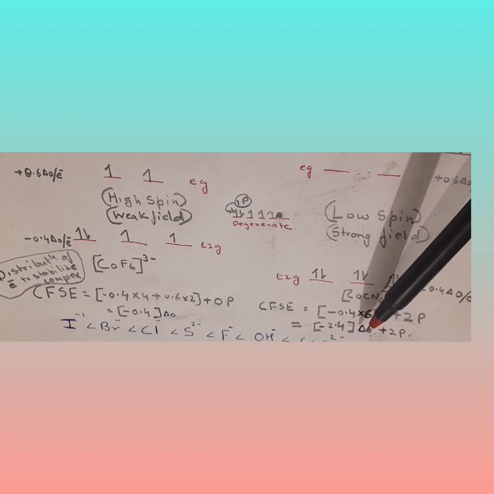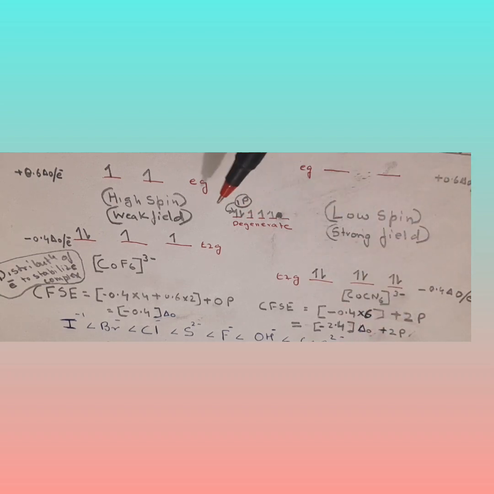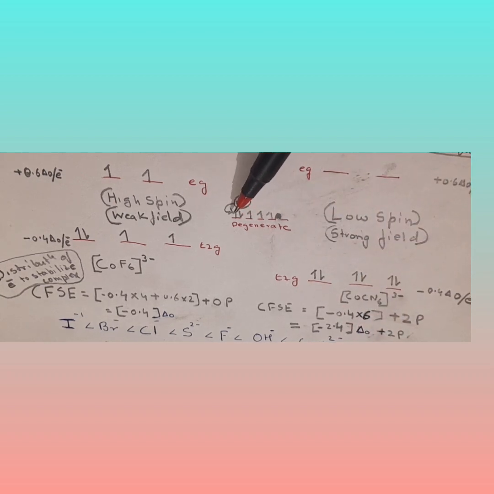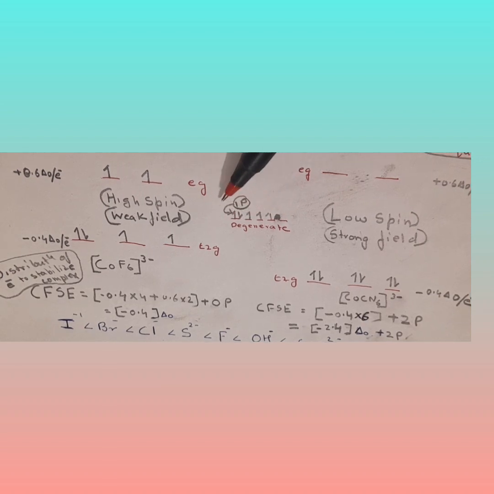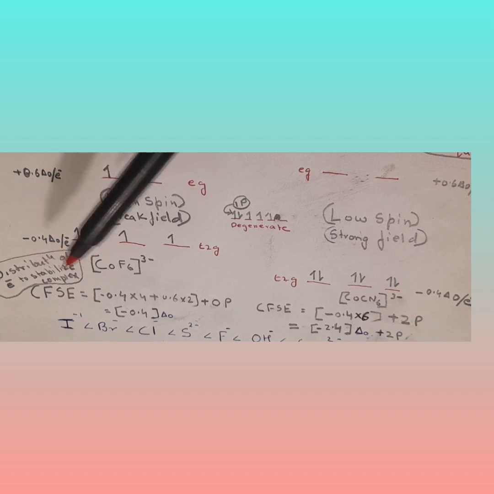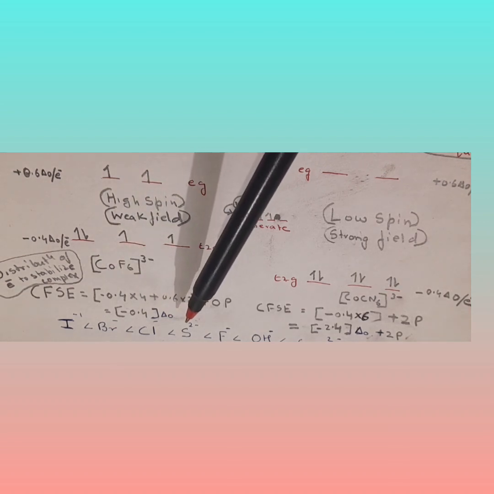Now let's talk about pairing. When we started initially, we had 1, 2, 3, 4, 5 and 6 electrons, but one part was already paired. So we can neglect that one pair, because initially itself it had one pair, so we are not adding any pairing energy there.